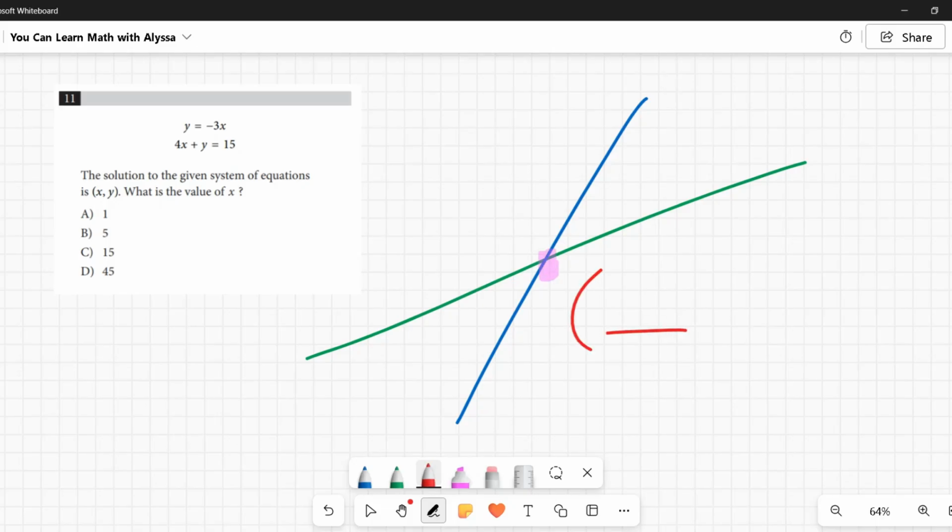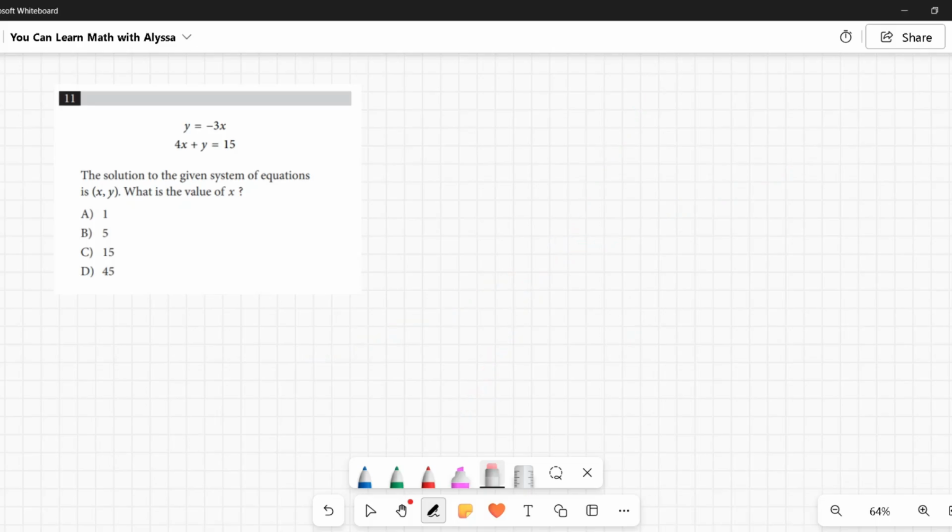The x and y values for that point of intersection are the solution to that system of equations. There are two other common ways that we can solve linear systems, that is, substitution and elimination. Elimination is where we add the two equations together, and we want either the x's or the y's to cancel out.